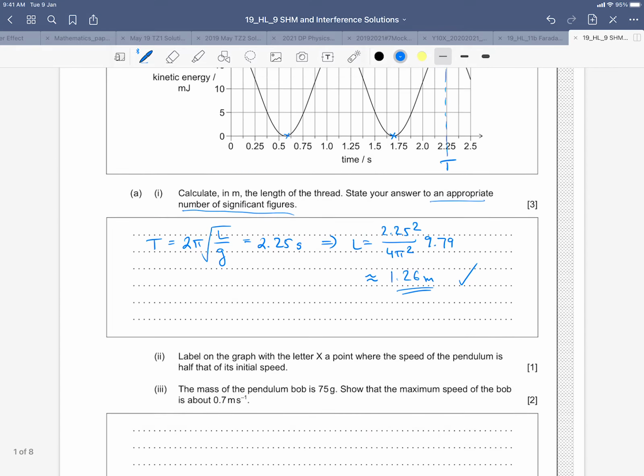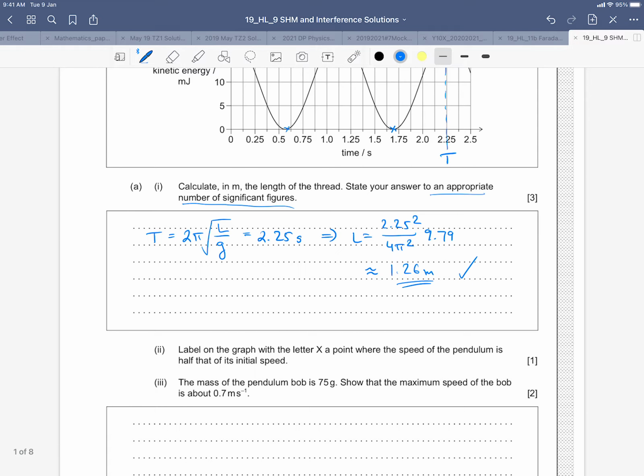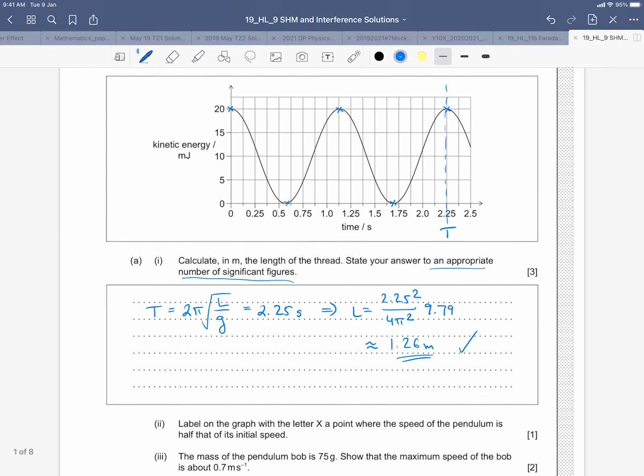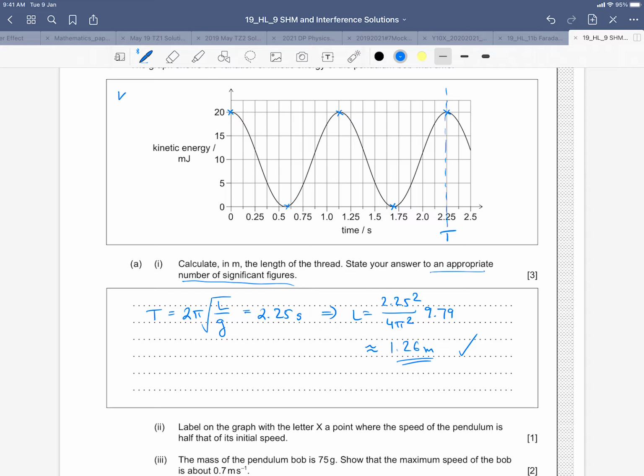Label on the graph with the letter X a point where the speed is half that of its initial speed. Okay, so we know, of course, that kinetic energy is proportional to speed squared. So if we say v prime is the speed when it is half of its initial speed, so v prime is half v, say v is its initial speed, the maximum speed, then v prime being half v, we're squaring it, so we're going to get a ratio of 1/4.